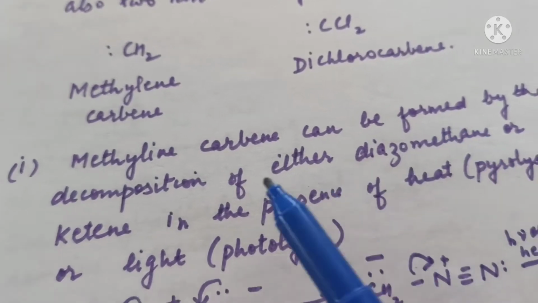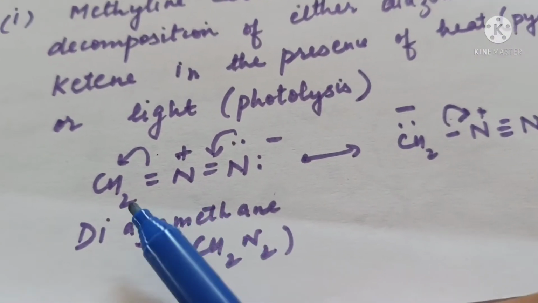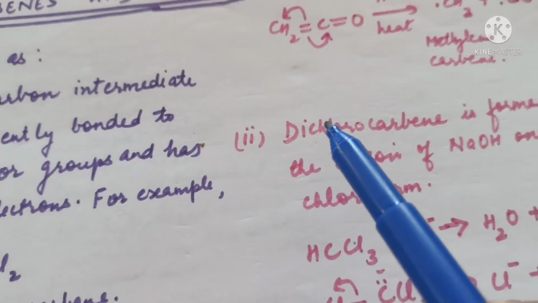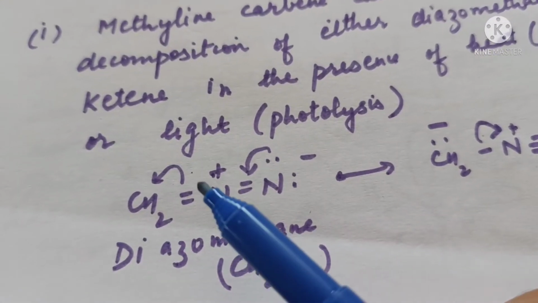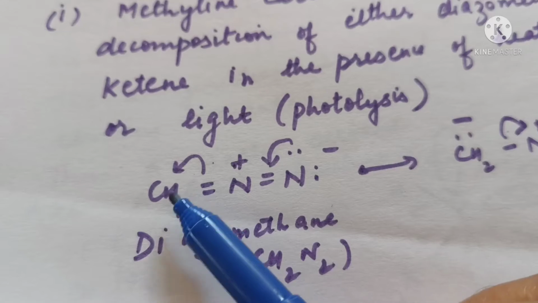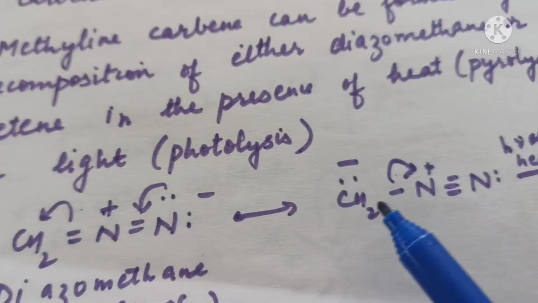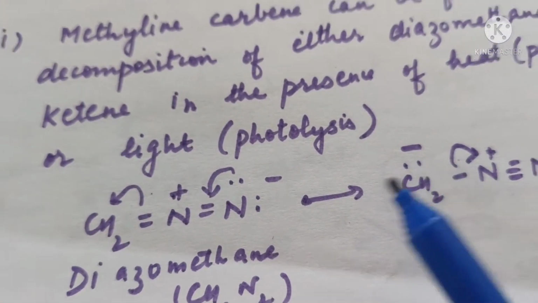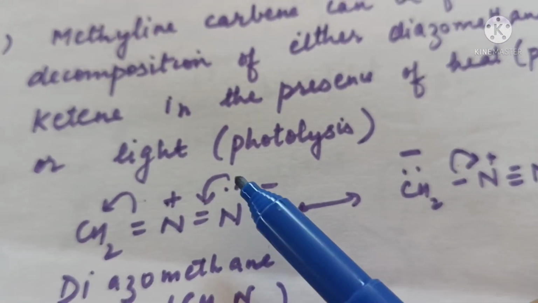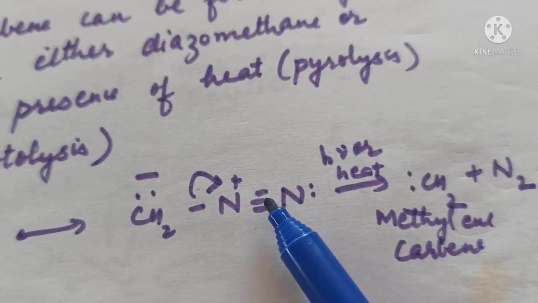Methylene carbene can be formed by decomposition of either diazomethane or ketene. In diazomethane, when the electrons get transferred to this carbon atom, it results in a negative charge here, and the lone pair of electrons is delocalized to this bond. As a result, a triple bond is formed.